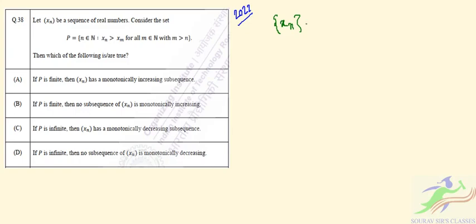Suppose x_n is equal to minus n, where you can write this sequence as minus 1, minus 2, minus 3, minus 4, and so on.